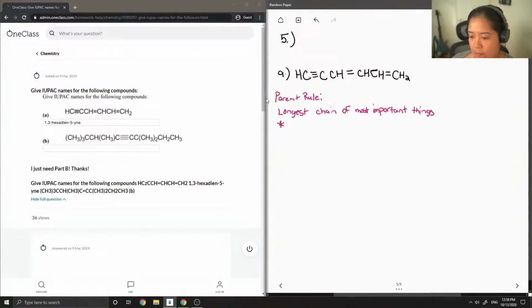And also when you want to name the carbons, you want to have the lowest amount of numbers possible. So this will make more sense once I try to name this compound.